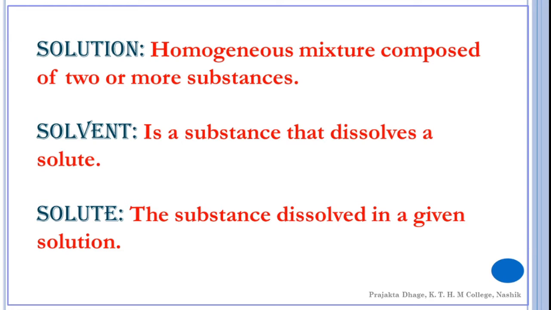Because you are taking the sugar and adding it to your solvent, and then this sugar is going to get dissolved and form part of the mixture. When we talk about lemon juice, what are the solutes? The solutes are the lemon extract, the salt, and the sugar. And what is the solvent? The solvent is the water.